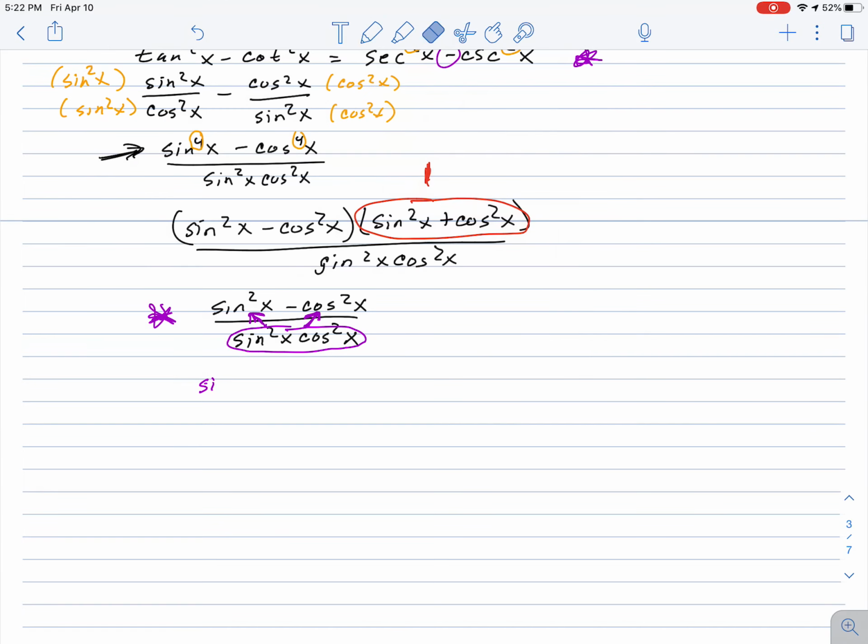Oh, wrong color. Sine squared x over the whole denominator minus cosine squared x over the whole denominator. And what that does is it eliminates that subtraction sign from the fraction, and now you're allowed to cancel because this is multiplication.